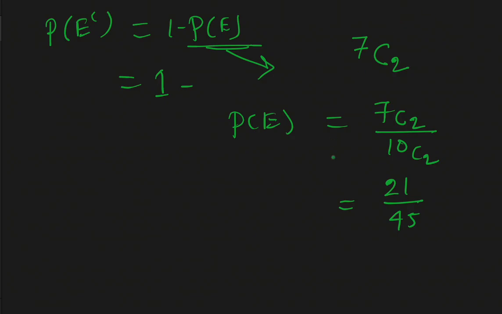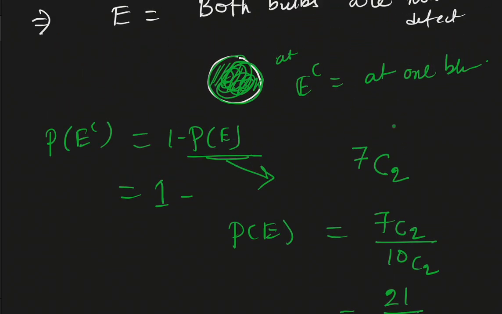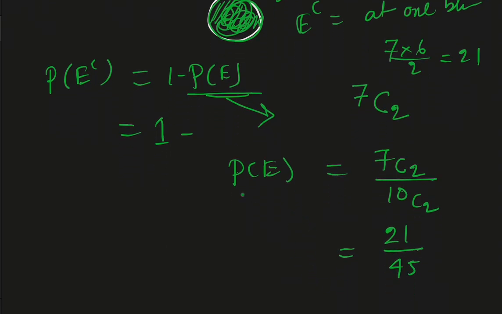Also from the previous formula, from the 7, how many ways can I pick 2 bulbs? It should be 7 into 6 by 2, which is 21. So 21 by 45.